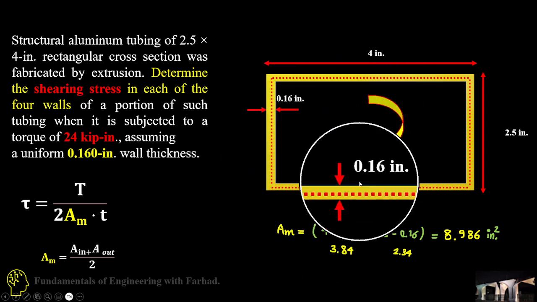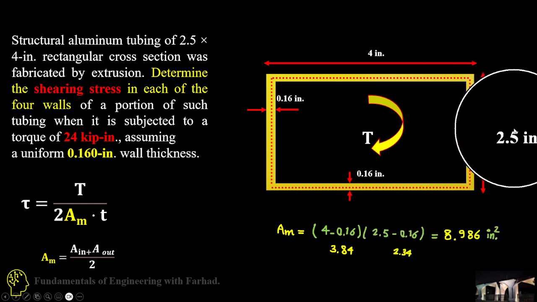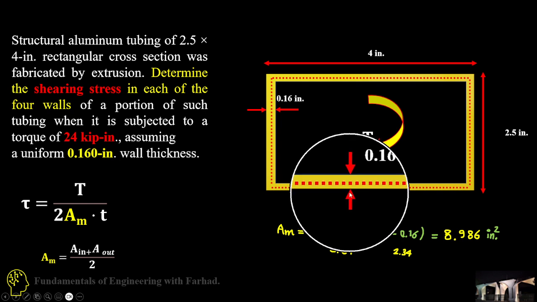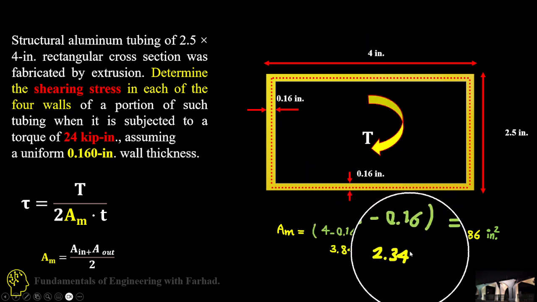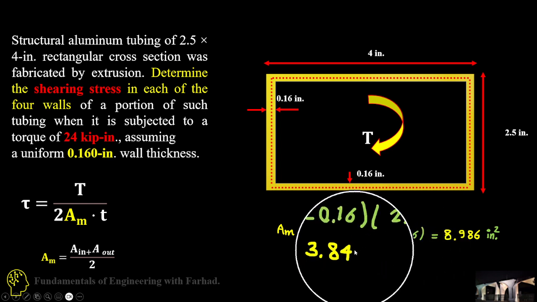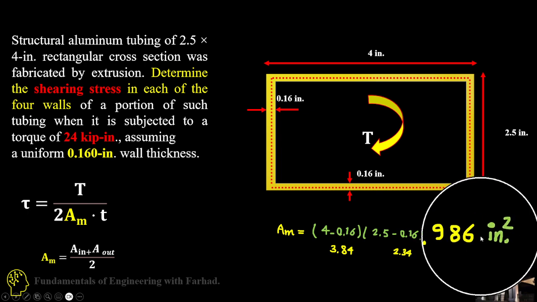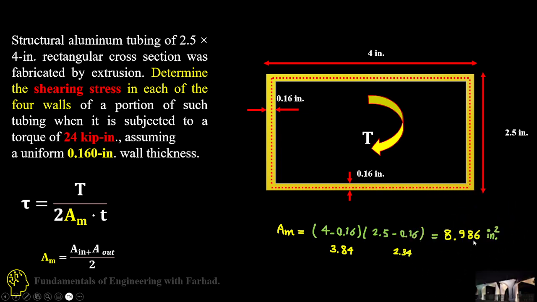The same applies in the other direction: 2.5 inches minus a thickness. It gives us 3.84 times 2.34, which is 8.986 square inches for A average.